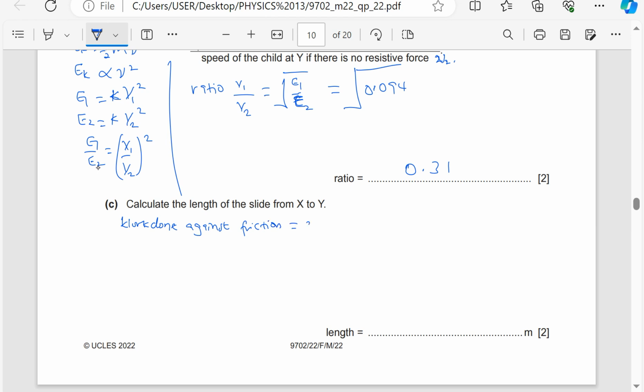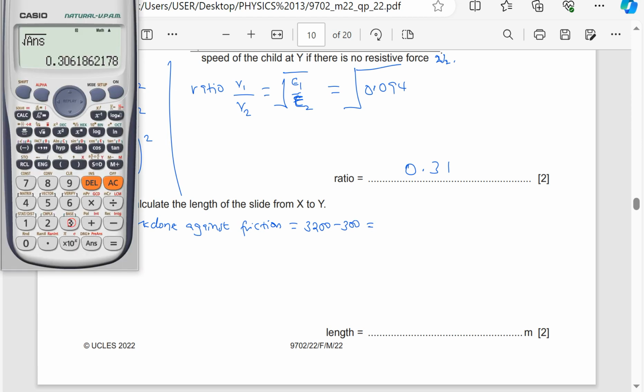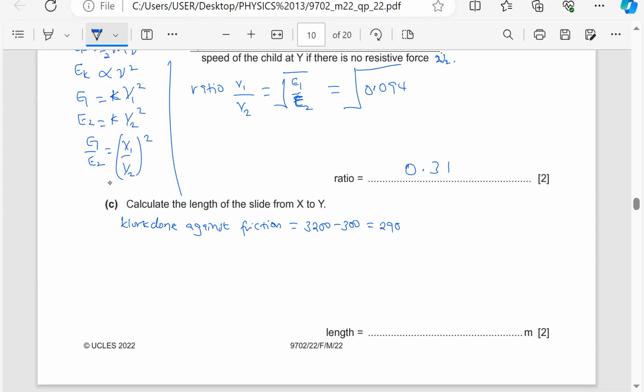And of course, the work done is going to be 3,200 minus 300. That is 2,900. So that's the work done against resistance or friction. And also we know that work done is equal to force times distance. So we want the distance in this case.